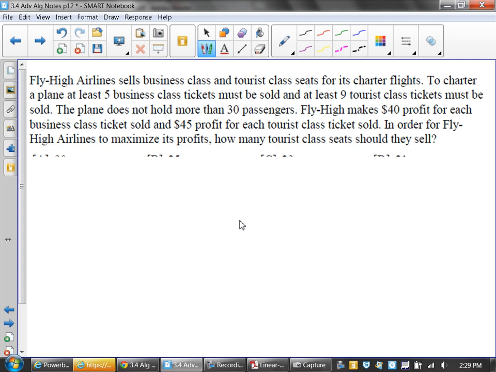So the objective here is to maximize your profits. When you maximize your profits, you're always finding that set of ordered pairs, right? One of the ordered pairs deals with the tourist seats, so you're figuring out the value of the tourists. Do people actually make money this time? Don't know, maybe.